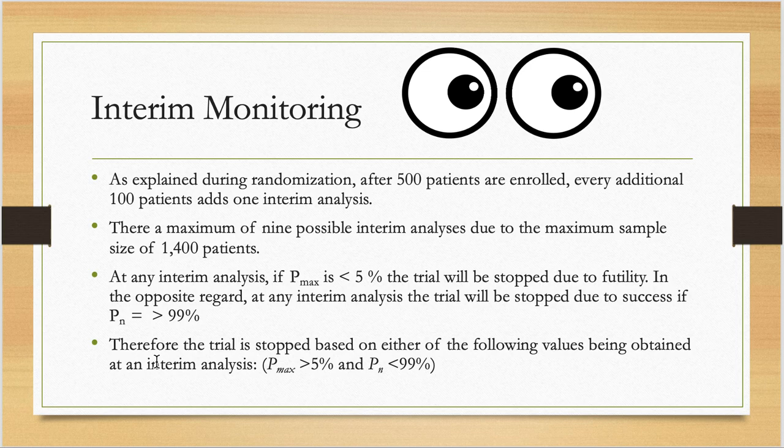In the opposite regard, at any interim analysis, the trial will be stopped due to success if the P sample is greater than 99%. So the trial continues as long as both P max is greater than 5% and P sample is less than 99%.